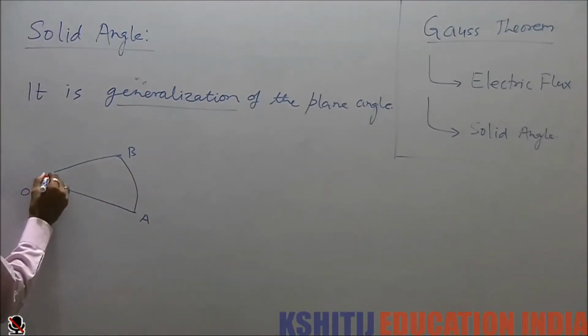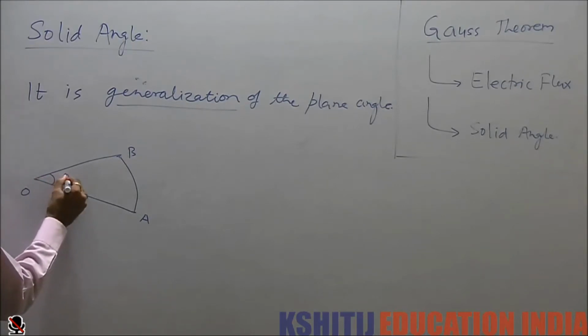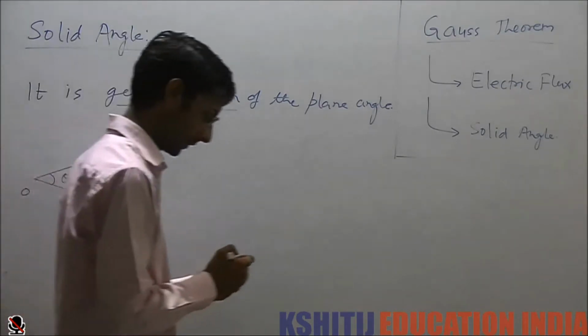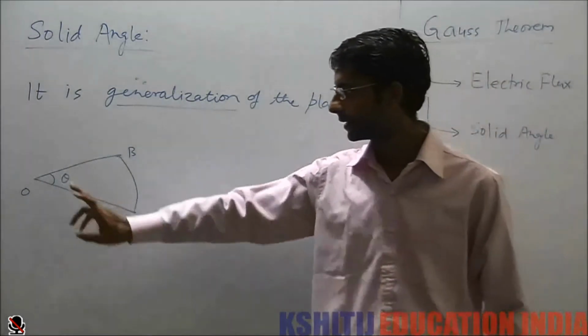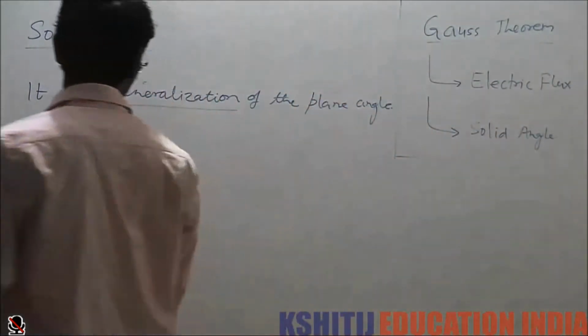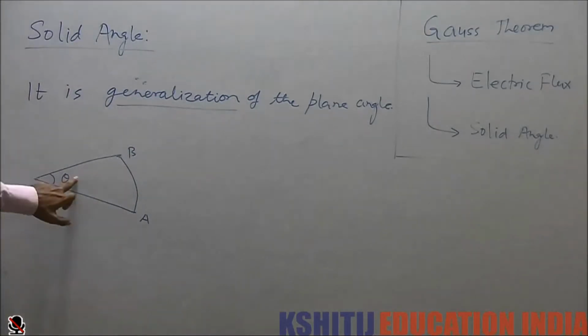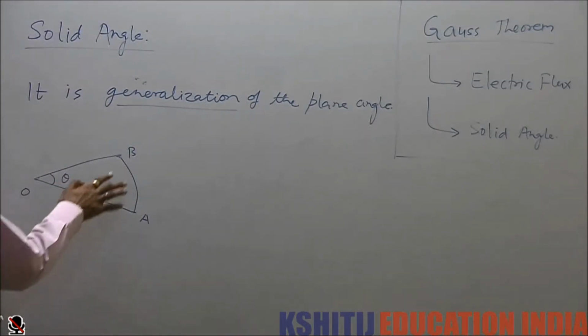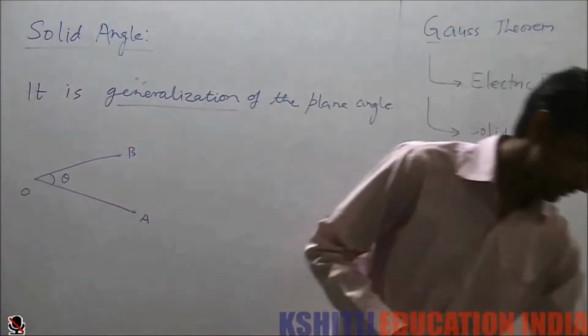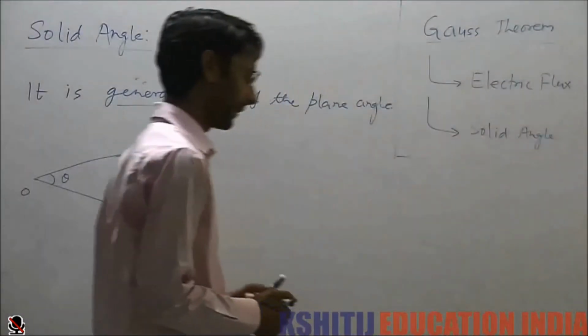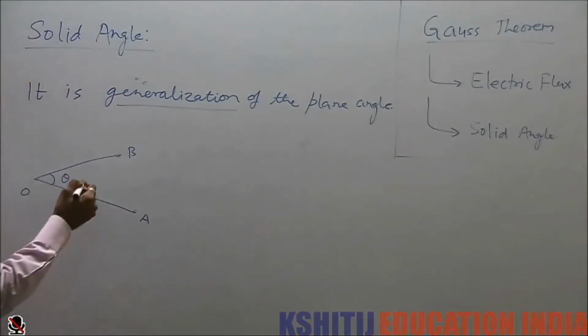And whatever this inclination theta is, this is called the plane angle. Let me use different colors so that we can distinguish the extending lines and the curve.